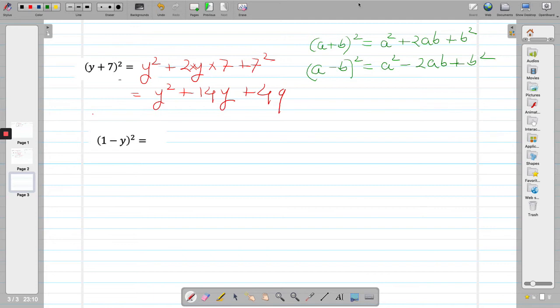So this is 1 squared is 1, minus 2 times a is 1 and b is y, plus b squared, which is y squared. So we write 1 minus 2y plus y squared, and this is the answer if I simplify.